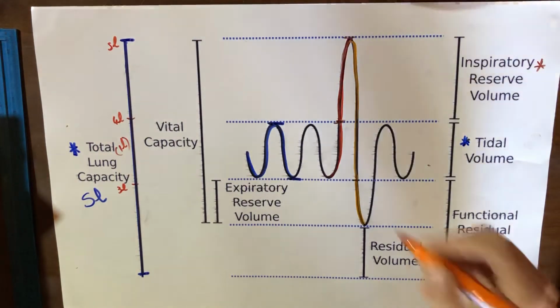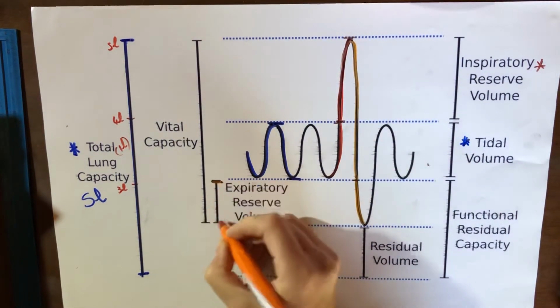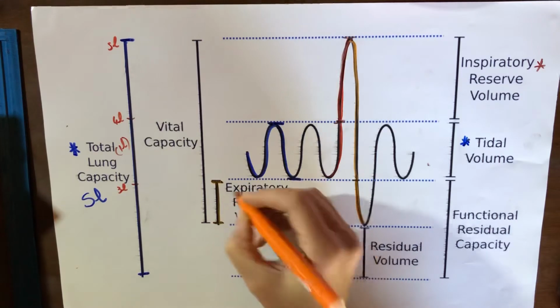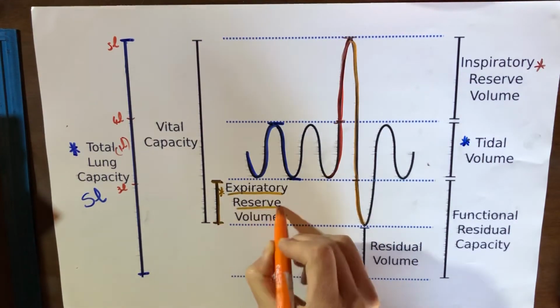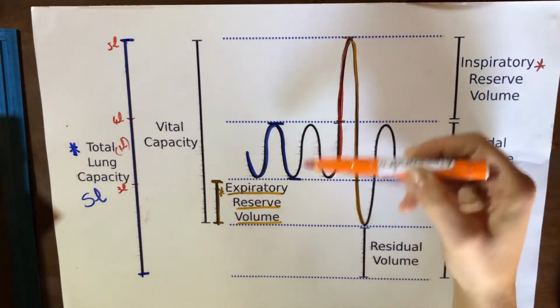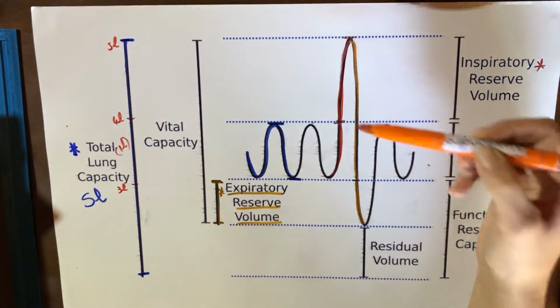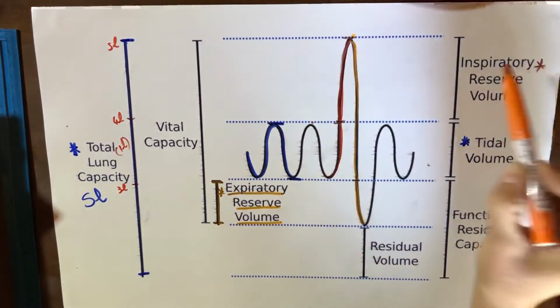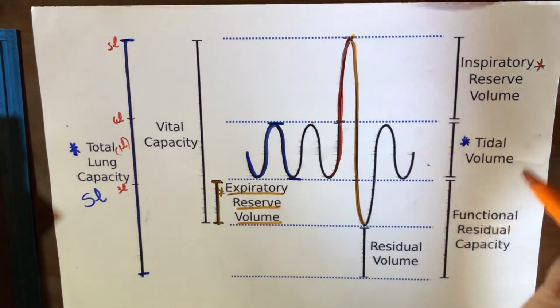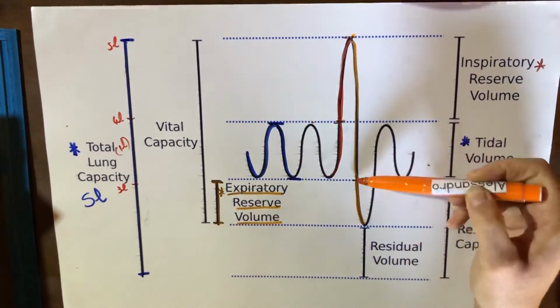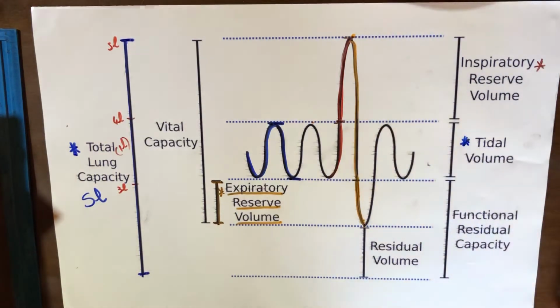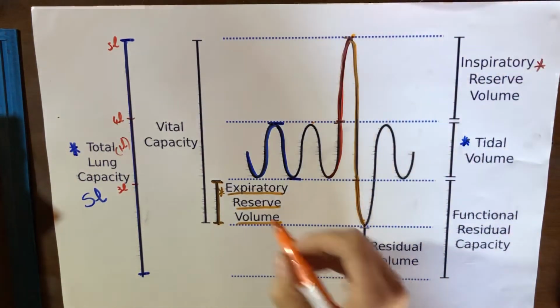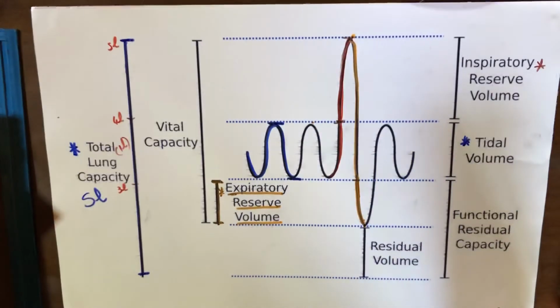Okay, so that last little breath, this is referred to as your expiratory reserve volume. So over and above your inhalation, you can inhale a higher amount. That's your inspiratory reserve volume. And once you've exhaled, you could breathe out that last breath, everything out. Okay, that's your expiratory reserve volume.